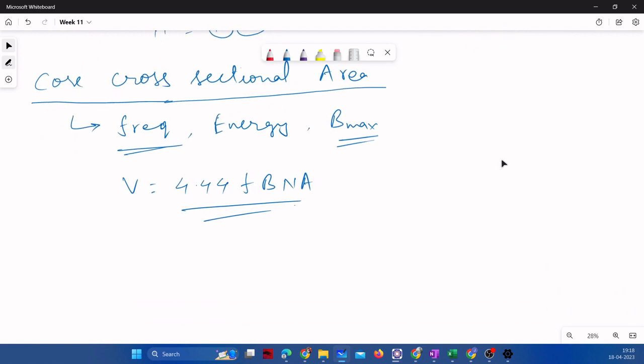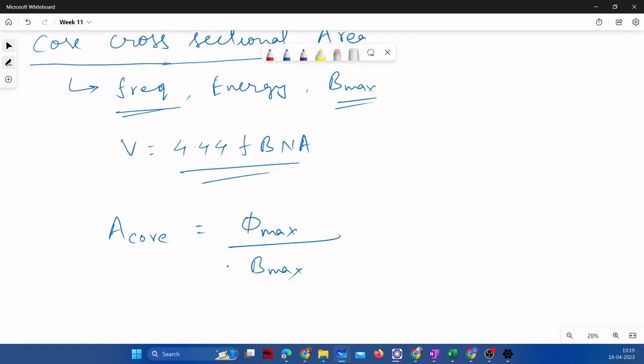Okay. So area of core will be maximum flux divided by maximum flux density, Bmax. So if you can use high-end material whose magnetic flux density saturation limit is higher, you can reduce the core area.